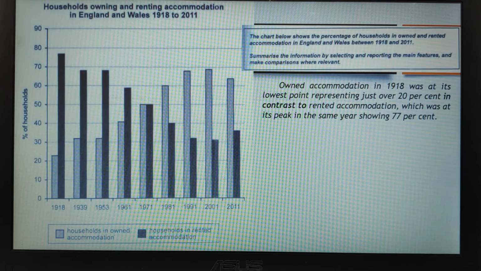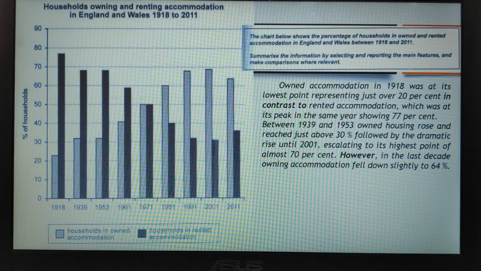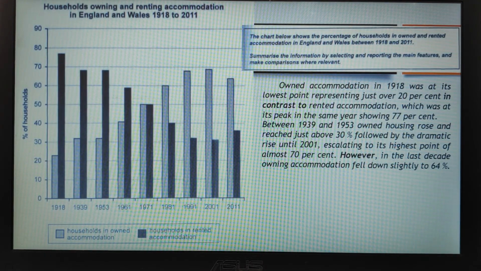So let's continue. Between 1939 and 1953 we can see that it was at the same level, and then it increased a lot. So between 1939 and 1953, owned accommodation rose and reached just above 30%, followed by a dramatic rise until 2001, escalating to its highest point of almost 70%.